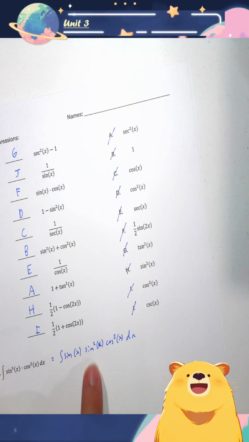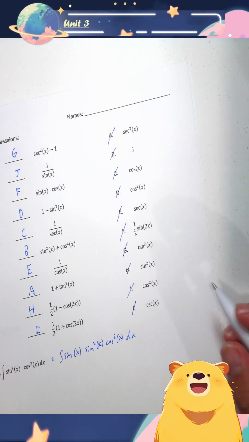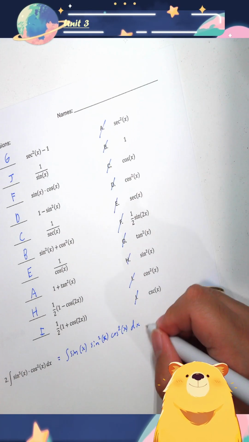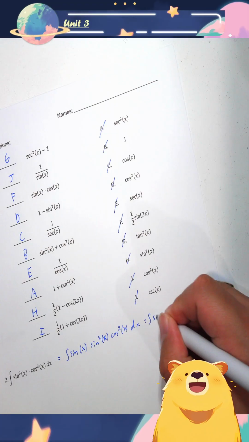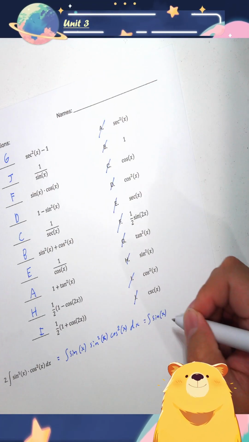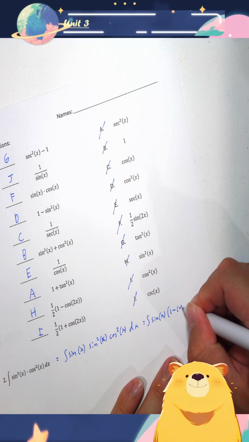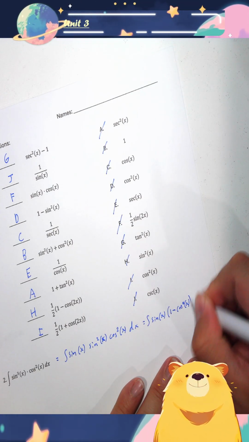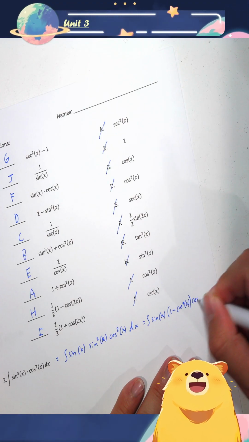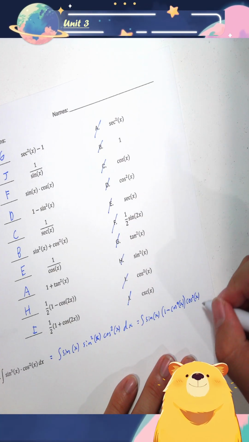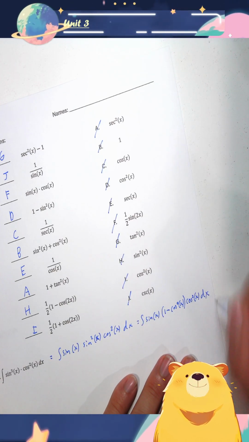And then we replace this with a term that has cosine. So we have sine x times 1 minus cosine squared of x, and then cosine squared of x dx.